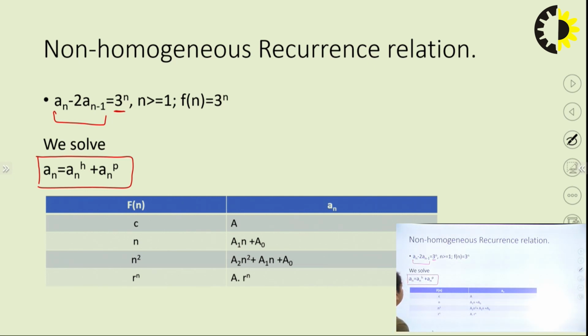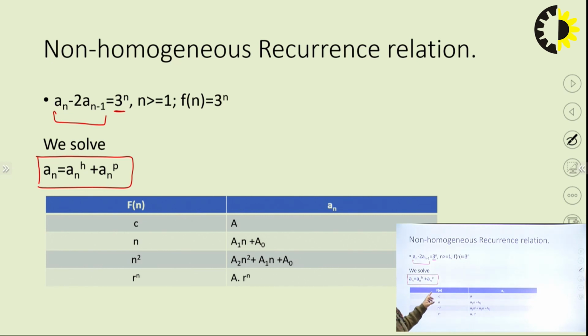So we will have a solution for the homogeneous type plus a particular solution for this particular type of non-homogeneous recurrence relation. So to find the entire solution to such a question, we will have two parts. The first part is the solution to the homogeneous recurrence relation, and then the particular solution to this non-homogeneous recurrence relation. Now I have this table.